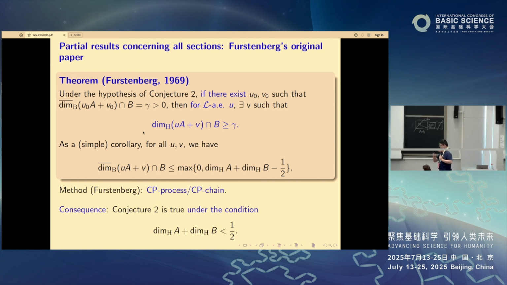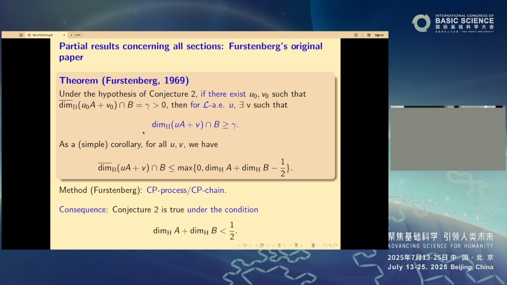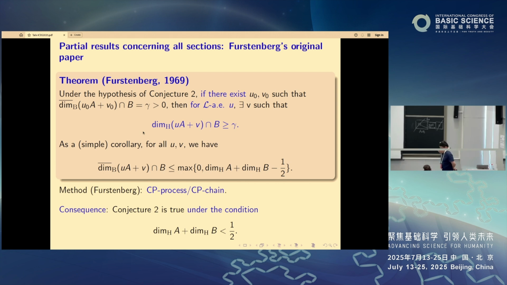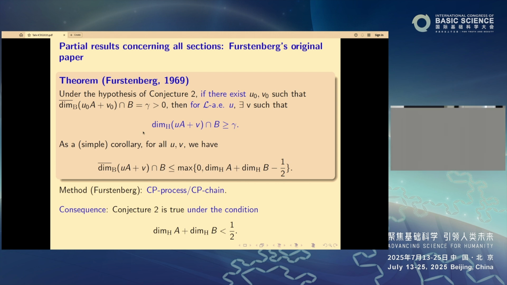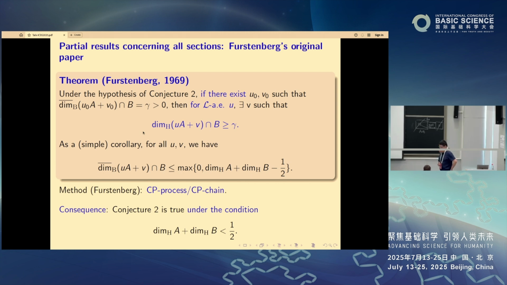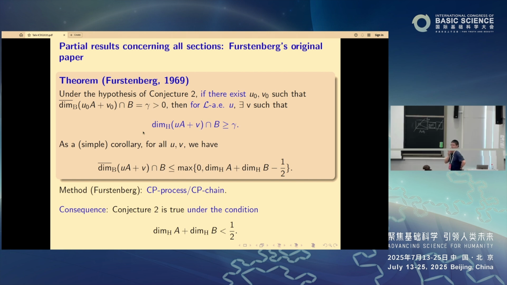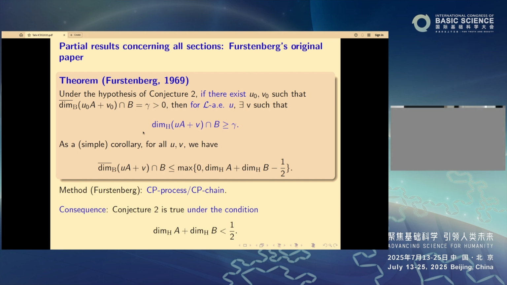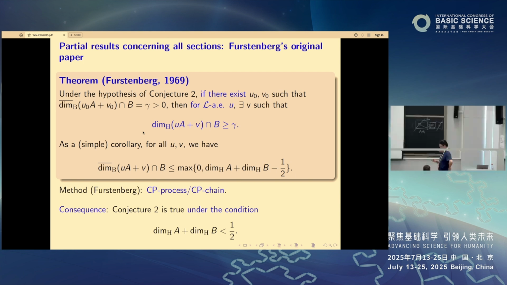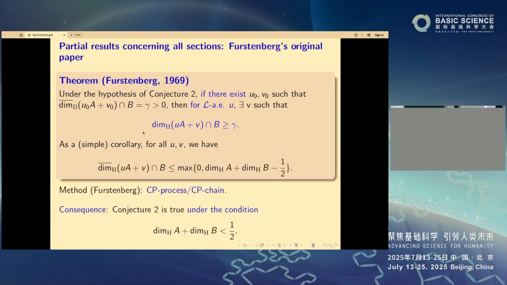At least Babu told me that just yesterday. Nowadays it's probably possible to show that such a spatial Fürstenberg set has dimension 1 plus s, which would give another proof of this result. But of course, 10 years ago we didn't know how to prove this, so we needed to use another method.